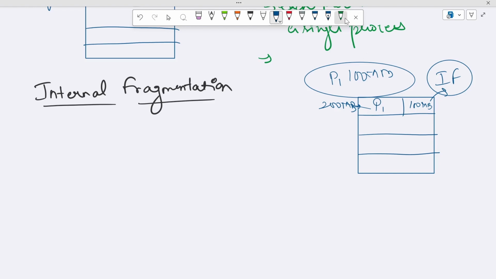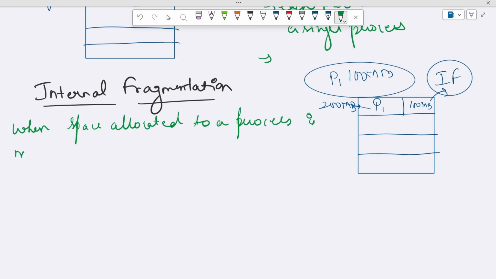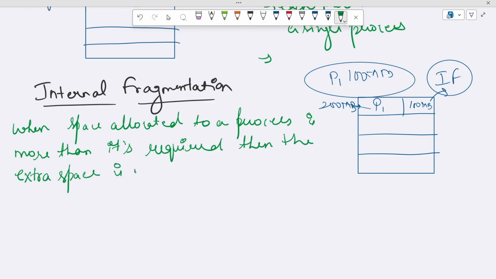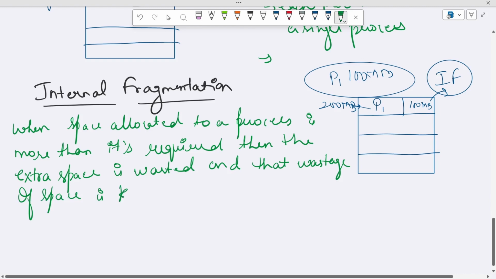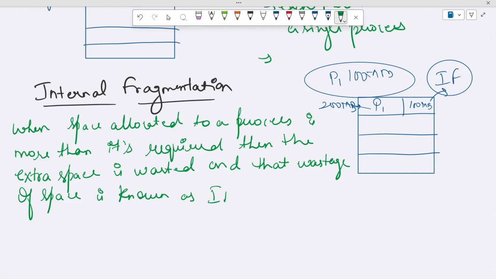So if you want to understand what internal fragmentation is: when the space allocated to a process is more than it requires, then the extra space is wasted, and that waste of space is known as internal fragmentation.